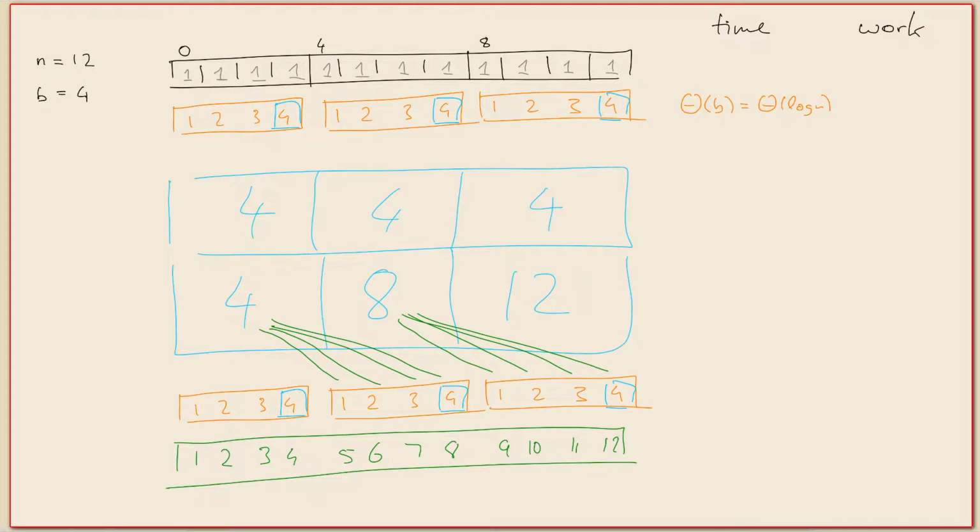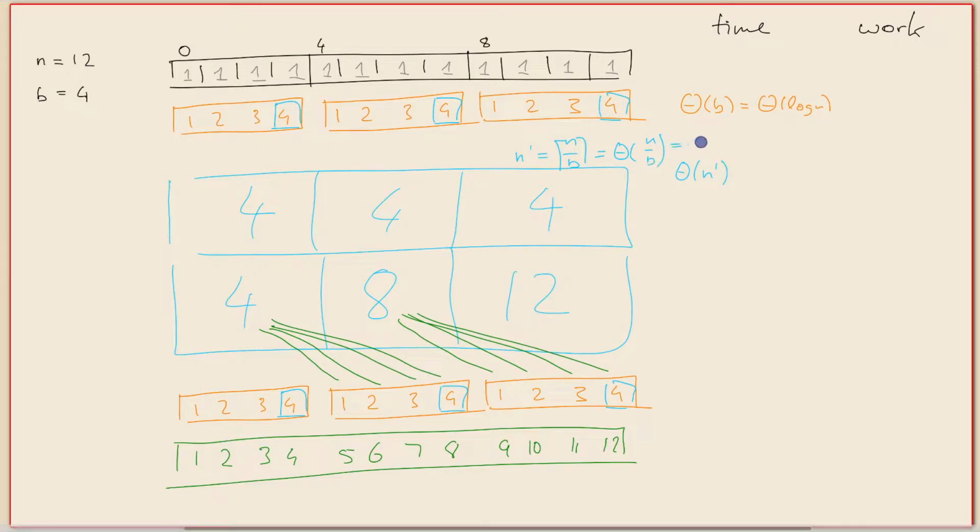Then I have the blue part, which uses the fast parallel prefix sum algorithm that we've just discussed, and its time was log n. But I'm using it on n prime, which is not n, but n divided by the block size, rounded up, so in terms of theta, it's n divided by b.